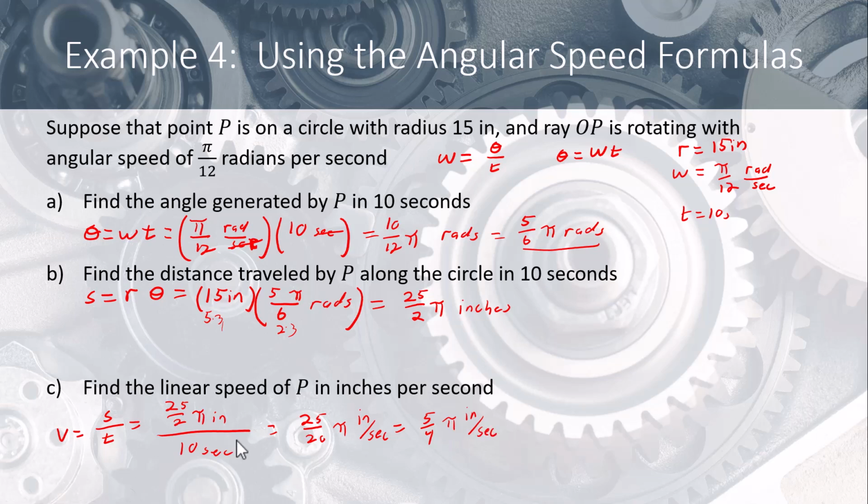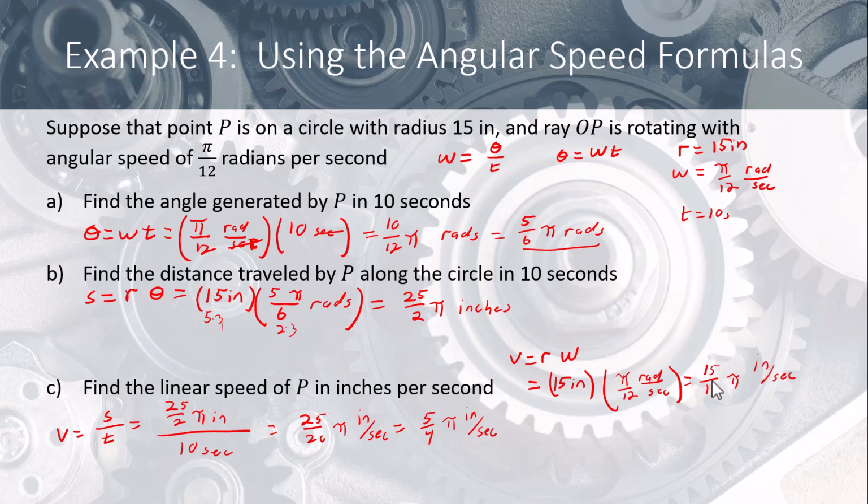Now there's another way to compute this, because remember, velocity, or speed, is also equal to r times my angular speed. Once again, r is 15 inches. My angular velocity is pi over 12 radians per second, and that is equal to 15 divided by 12 pi inches per second.